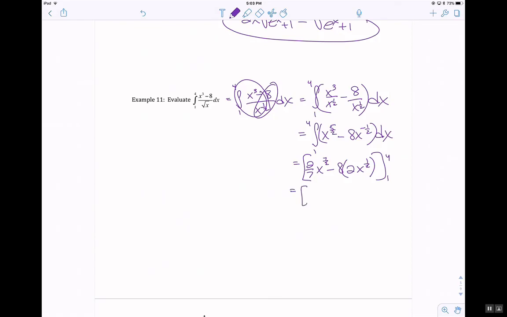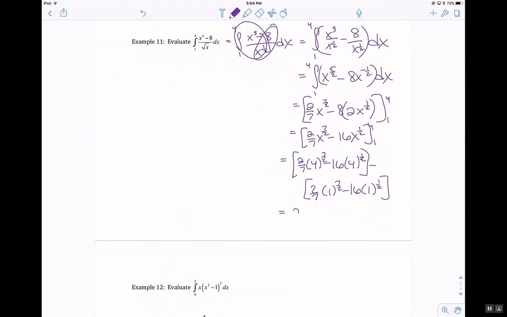So I'll clean it up a little bit. 2 over 7 x to the 7/2 minus 16x to the 1/2, and I'm evaluating from 1 to 4. So then I plug in 2 over 7, 4 to the 7/2 minus 16, 4 to the 1/2, and then minus 2 over 7, 1 to the 7/2 minus 16, 1 to the 1/2.